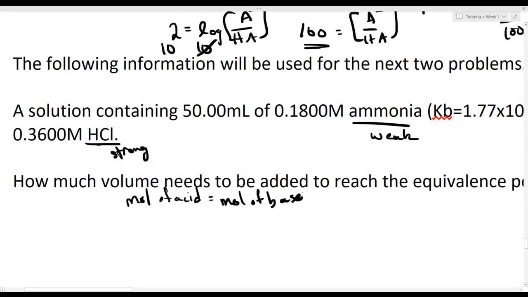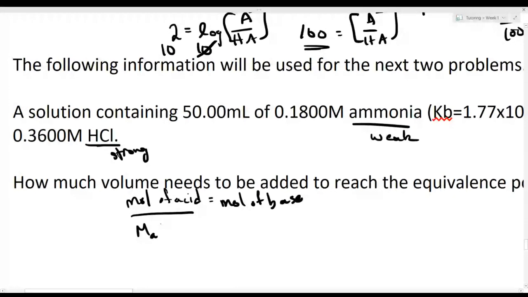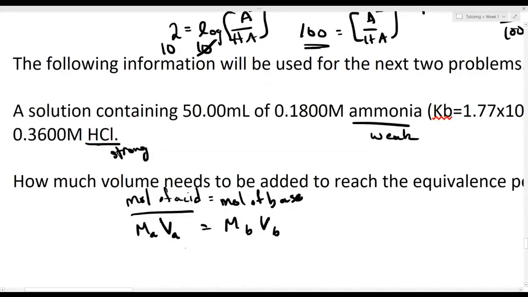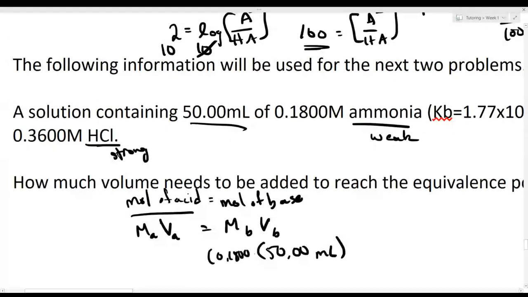All right, so how do we solve this? We know that moles of acid is equal to molarity of acid times volume of acid. And we know that moles of base is the same thing except with the base, right? So from up here, the base has a volume of 50 milliliters and a molarity of 0.1800 molar.